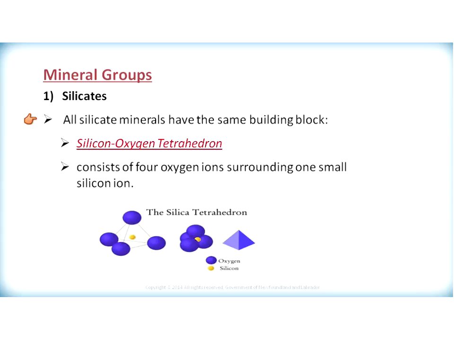All silicate minerals have the same building blocks in common. And this building block, which forms the basis of all silicate minerals, is called the silicon-oxygen tetrahedron. It consists of 4 oxygen ions surrounding one small silicon ion in the middle. The diagram below demonstrates the silicon-oxygen tetrahedron.